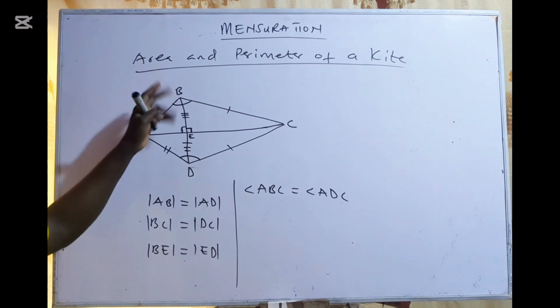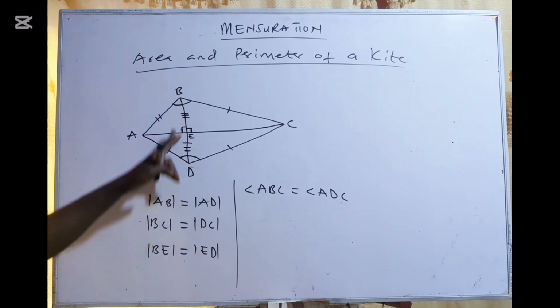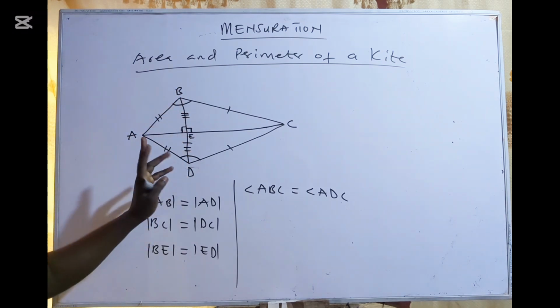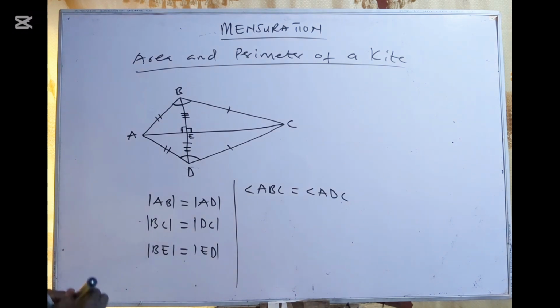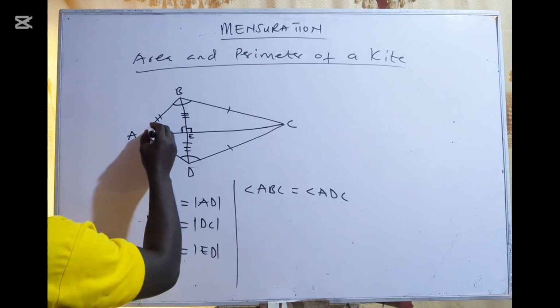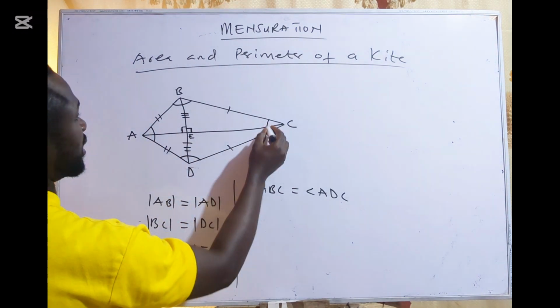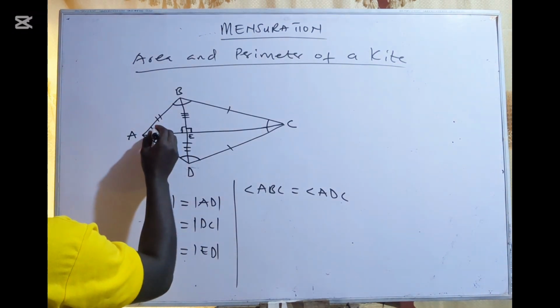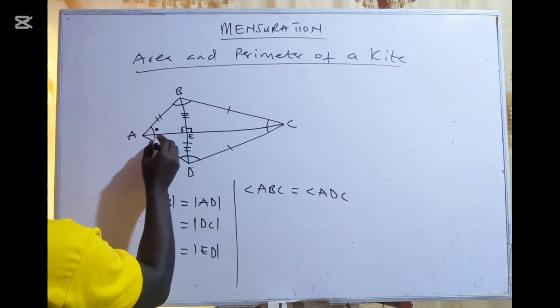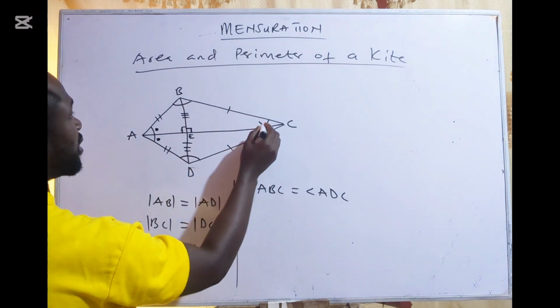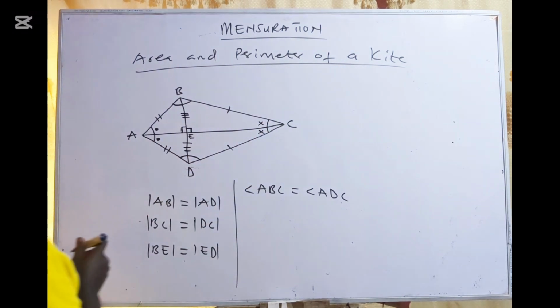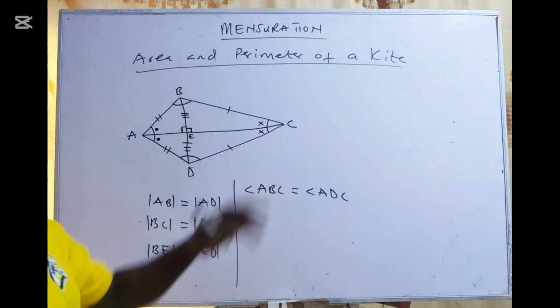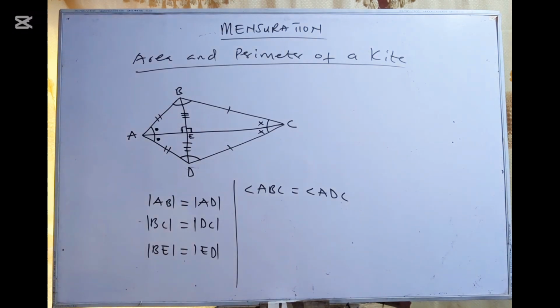When I draw a diagonal line, it doesn't divide it into two equal parts. Let me look at the angle here and the angle here. They are not the same. However, they are divided into two.